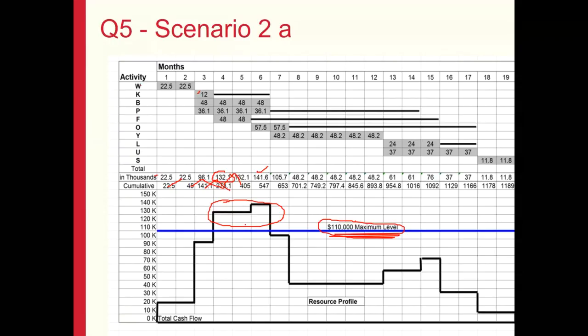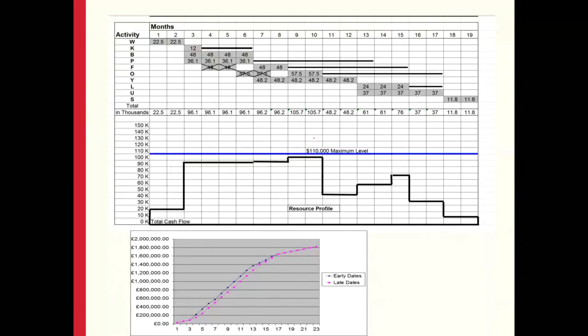So the question was, how do we tackle this challenge? Here you can see the resources being required by these activities, and we cannot move activity B because it is critical, but activity P has some float, and activity F has some float available. So we have to make use of this to reduce our peak resource demand.